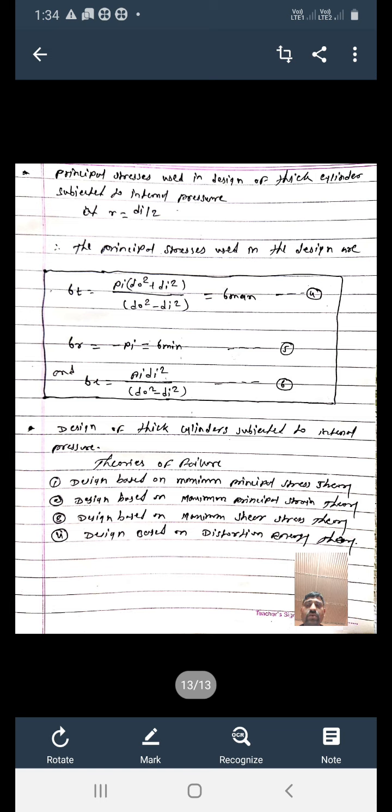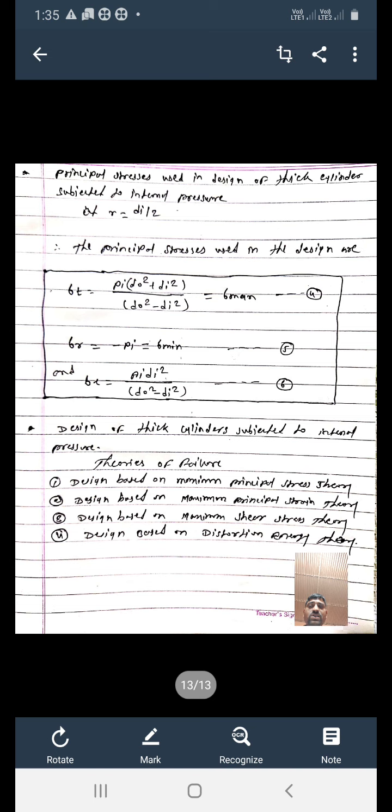Remember that. We will see how to solve that. Second is design based on the maximum principal strain theory. We are using the Clapeyron's equation and Birnie's equation for that second strain theory.